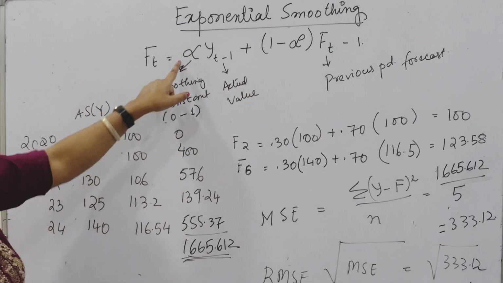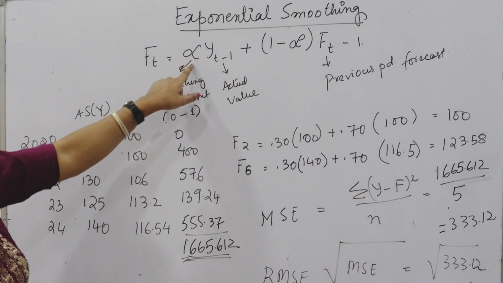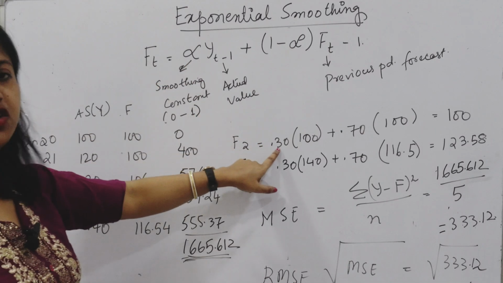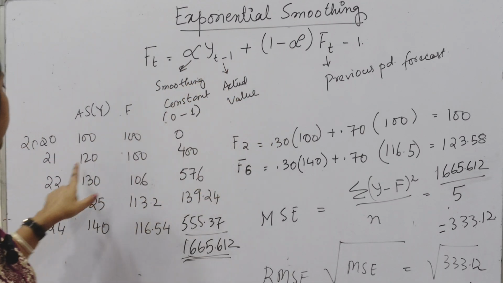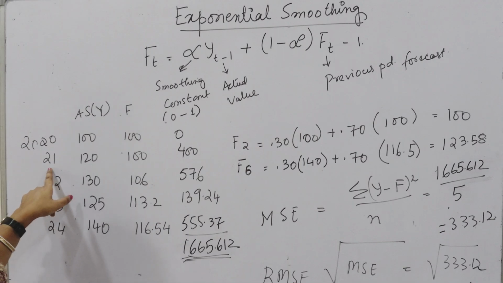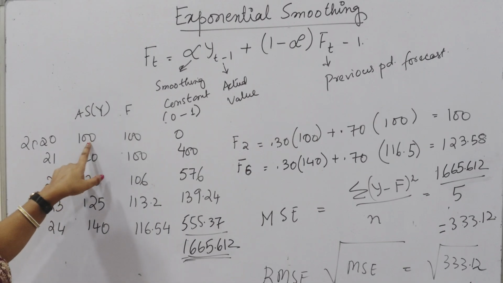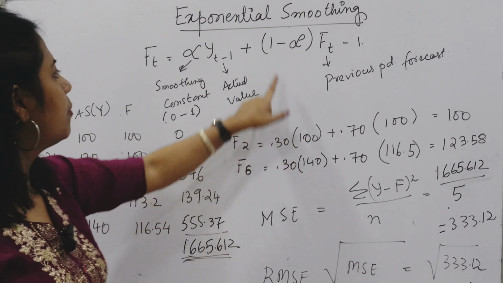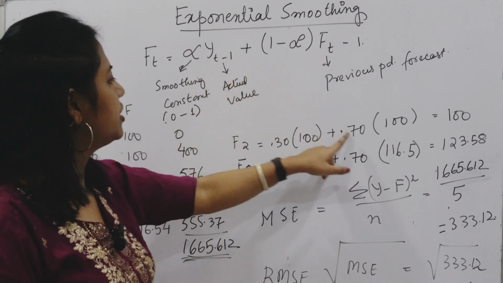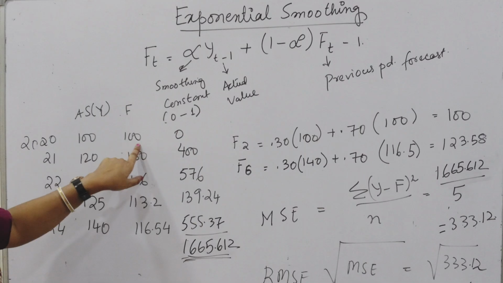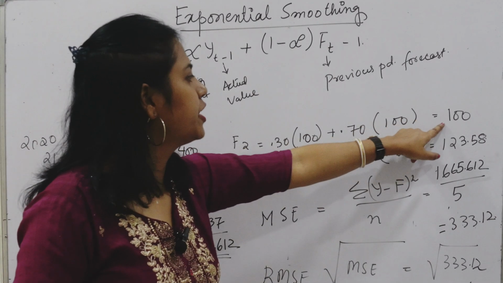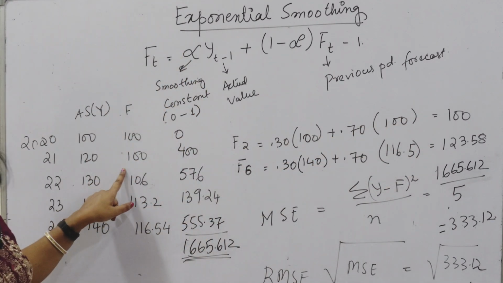Let's assume that the smoothing constant alpha is 0.3, so I'm writing 0.3. YT minus 1, we are forecasting for the second period. So what is the actual sales value of the previous period? 100. So I'm writing here 100. 0.7 means 1 minus 0.3 is 0.7, and the forecasted value of the previous period, that is 100. So we have written here and we got 100 as the forecasted value of the second period.